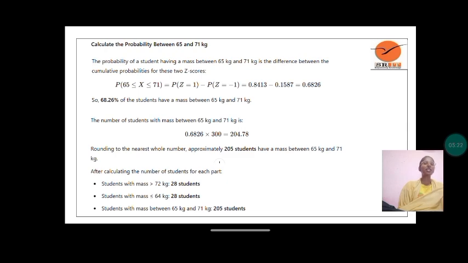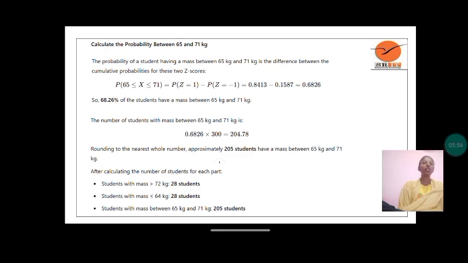P of x less than 71 minus P of x less than 65 equals P of z equals 1 minus P of z equals minus 1 equals 0.8413 minus 0.1587 equals 0.6826. So 68.26% of the students have mass between 65 kgs and 71 kgs.